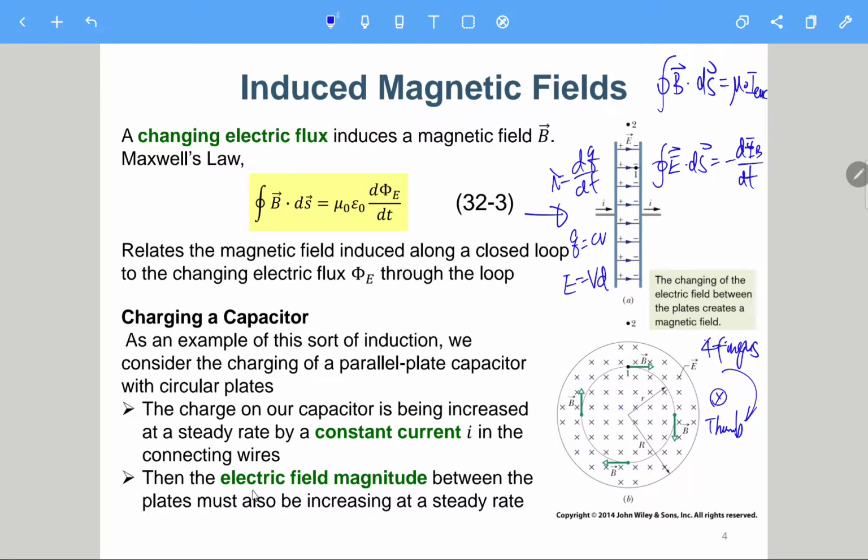So the electric field magnitude between the plates must also be increasing at a steady rate. For simplicity, we just assume the E field is changing at a constant rate, which means that dΦE/dt is just a positive constant.